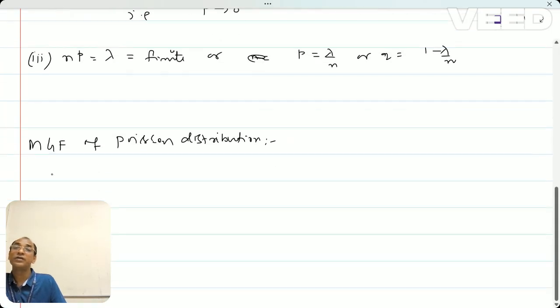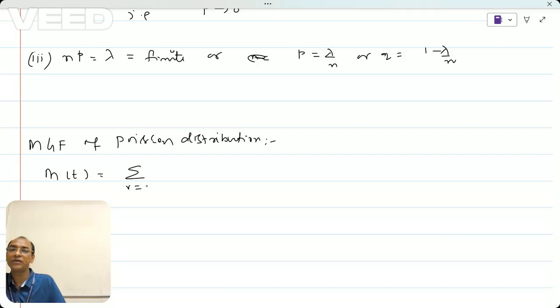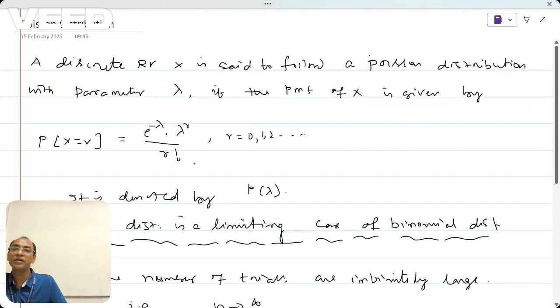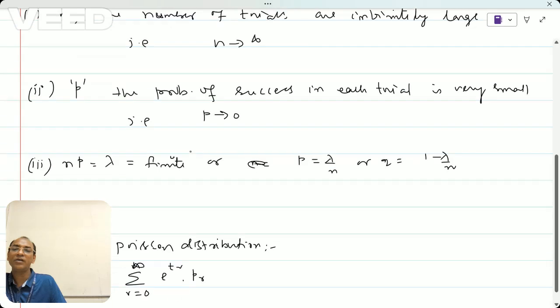Since this Poisson distribution is also for a discrete random variable, M of t, the moment generating function, we can write as summation r equal to 0 to infinity, e to the power tr into pr. But here pr is nothing but e to the power minus lambda into lambda to the power r divided by r factorial.